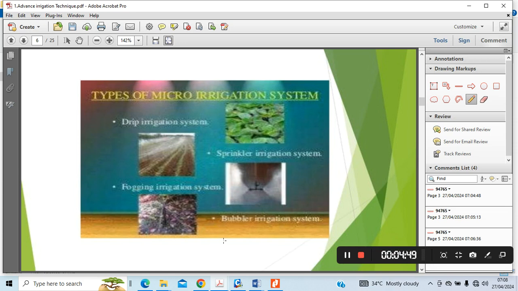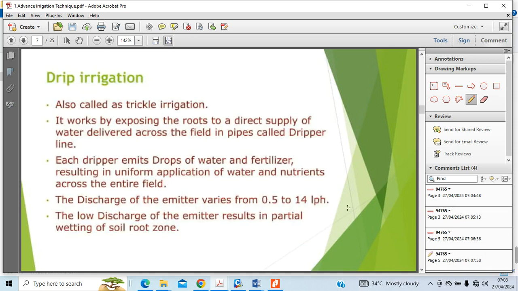The drip irrigation is also called trickle irrigation. It works by exposing the roots to a direct supply of water delivered across the field in pipes called drip line.